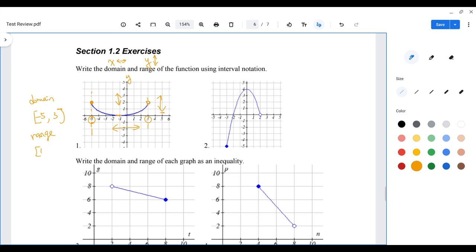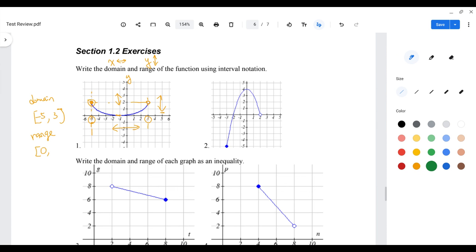So it's bracket 0, and then go all the way to the 2. The 2, because this dot on the left is actually solid. The solid dot means that this y is included. So 2 is also included. So that's a 2 bracket.